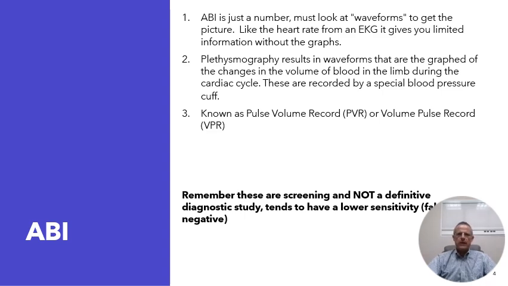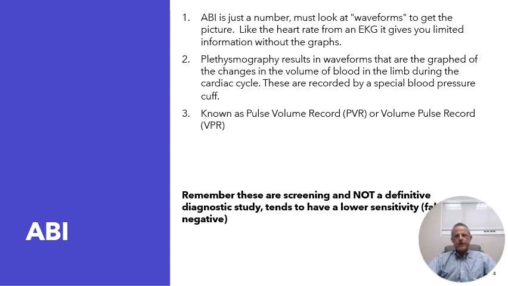This waveform is referred to as a pulse volume record, or a PVR. And in the case of the toe, there is a slight variation where instead of using air displacement, light is being used. So it's a photoplethysmography, or a PPG waveform that's being generated.